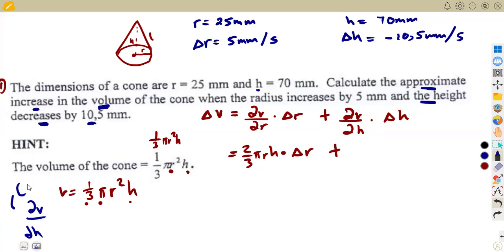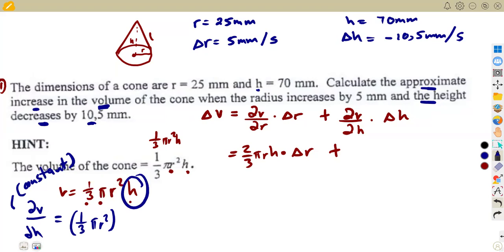So r is the one that is now referred to as a constant. Remember our situation. So this part here is a constant, a third pi r squared, because we've got r there. The whole part of that is a constant. It's a number, just like a number.